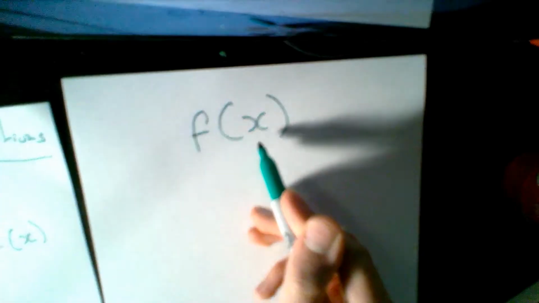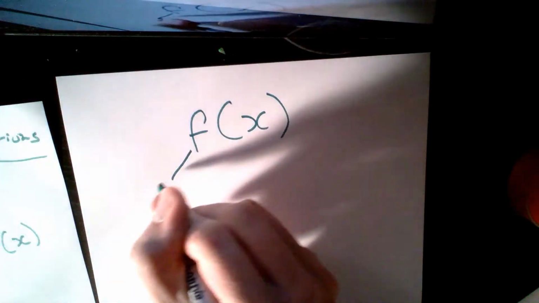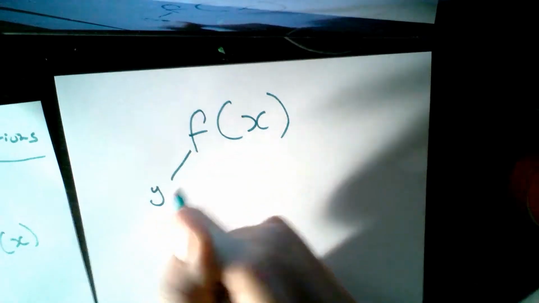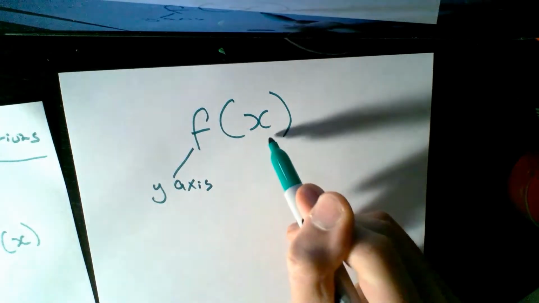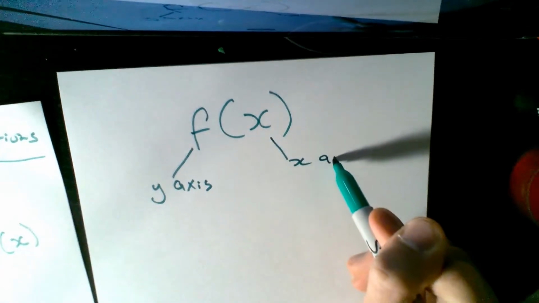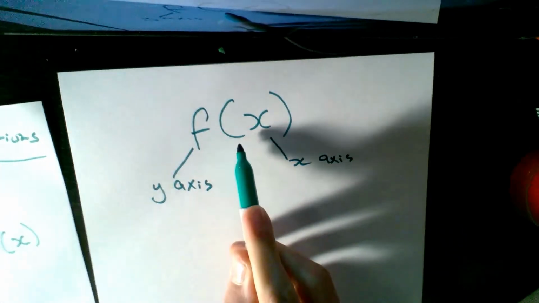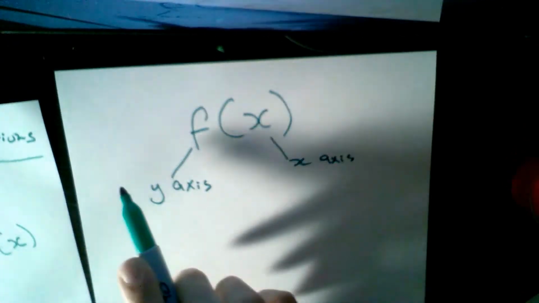If we change anything outside the brackets, we will be changing the y-axis. So just remember, x is inside the brackets, so it affects the x-axis. And if we change anything outside the brackets, we're changing the y-axis.